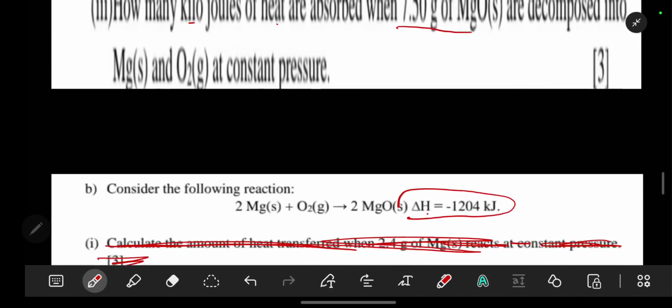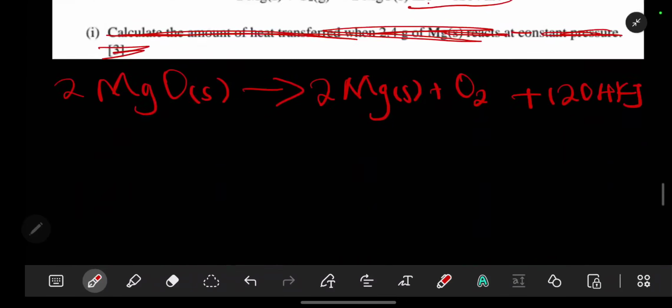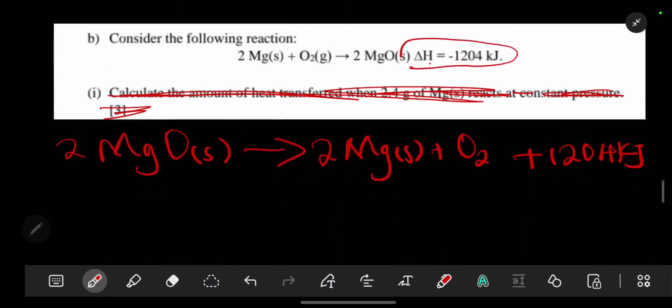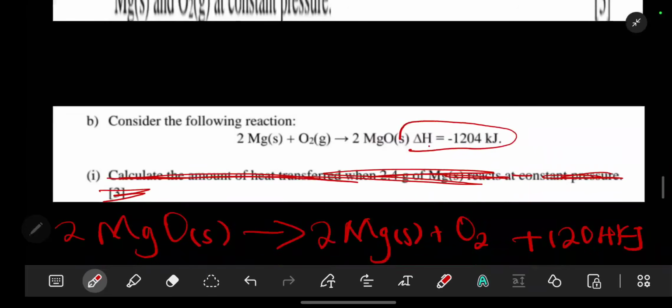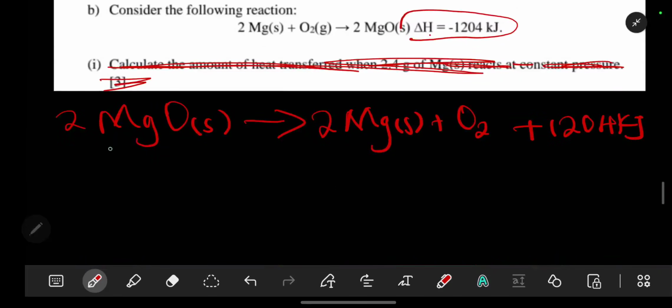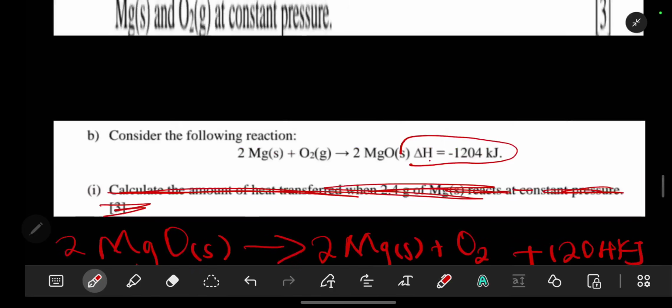So we are told: how many kilojoules of heat are absorbed when 7.5 grams of magnesium oxide are decomposed into magnesium and oxygen at constant pressure. Since they have mentioned magnesium oxide, we are going to say 2 magnesium oxide, we found it to be equal to 80 grams. So be careful on which one you use.